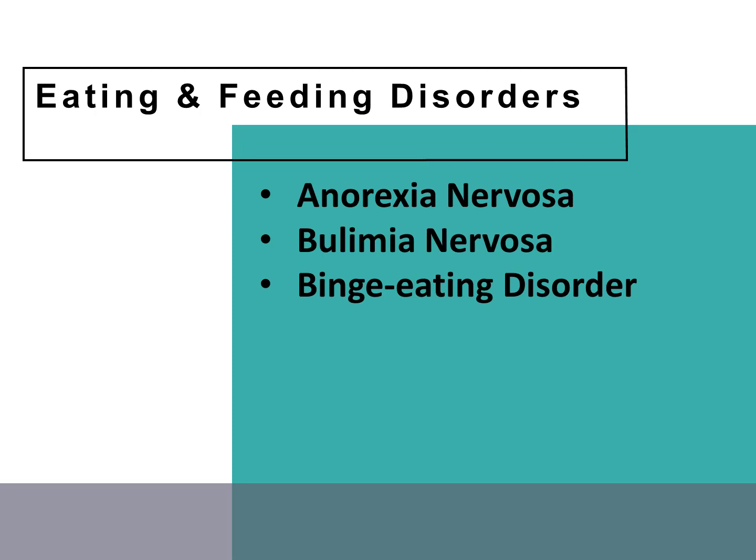So they'll take a bunch of laxatives after they eat just to get rid of that. Or they can do something like spending crazy amounts of hours in the gym just trying to work all of that stuff out. So they'll actually eat, but then they'll feel guilty. And again, there's this fear of gaining weight. And so then they'll purge. So they'll either go to the bathroom, throw up, use laxatives to get all of that stuff out of their system, or then just spend a lot of time exercising.